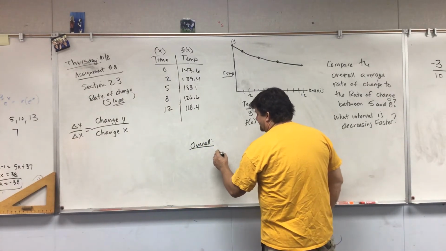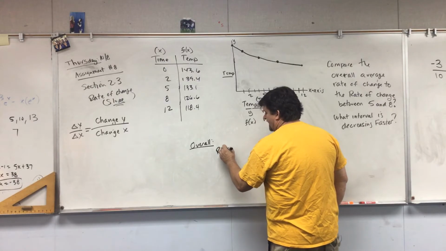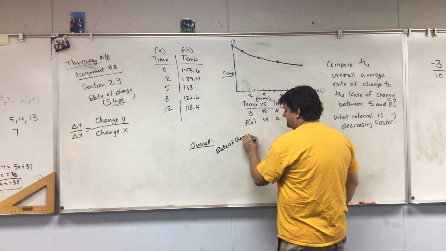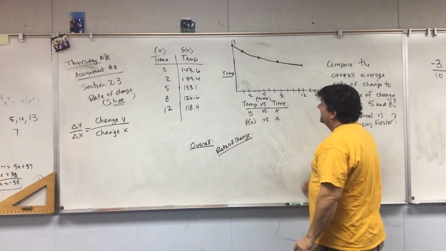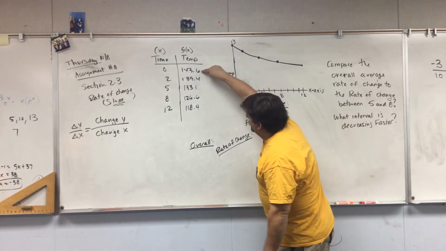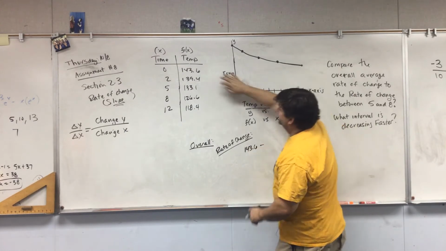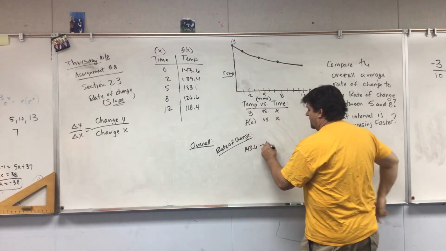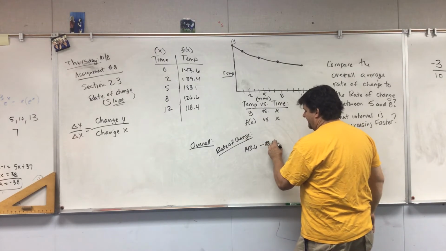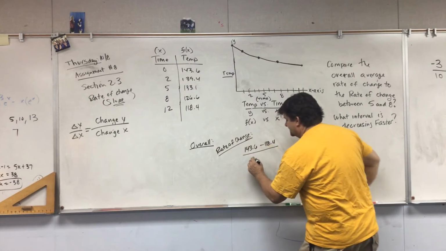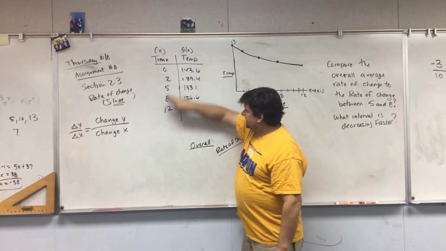So, my rate of change, I don't even write slope anymore. My rate of change is going to be my first one, 143.6 minus my second one, 118.4 over the first x value, 0, minus 12.